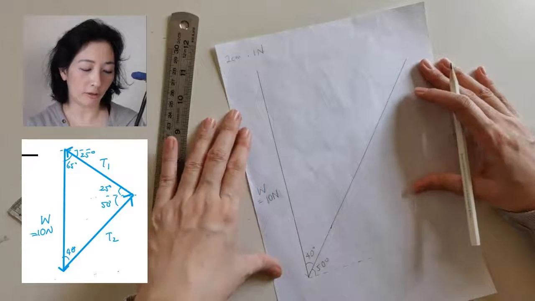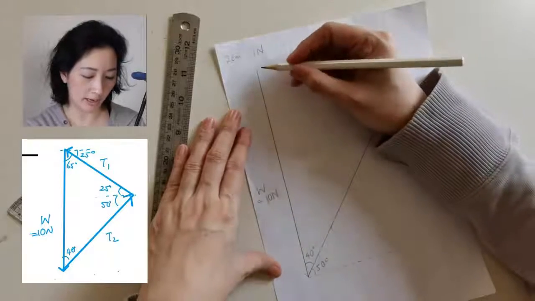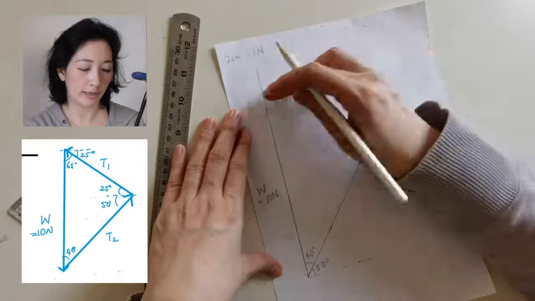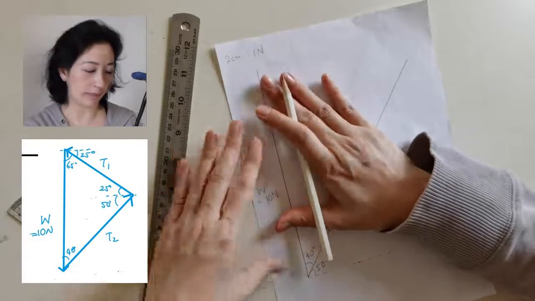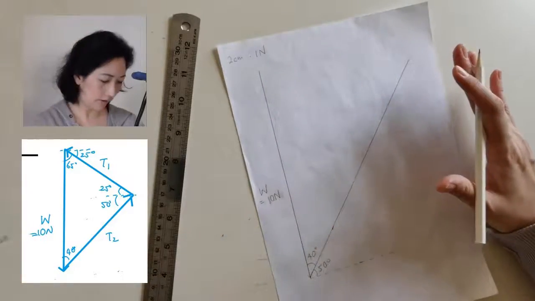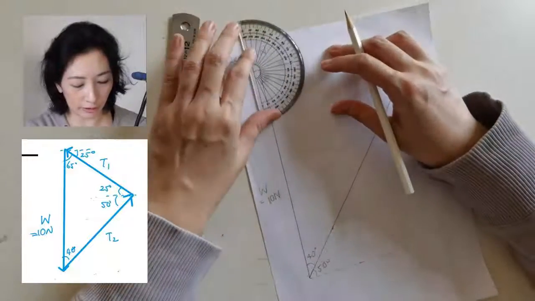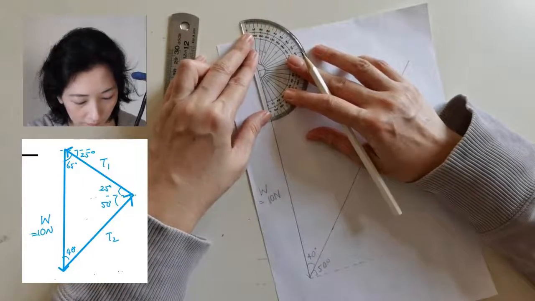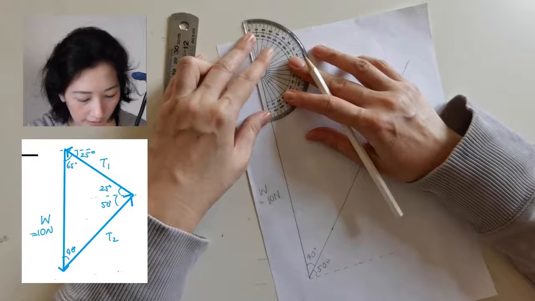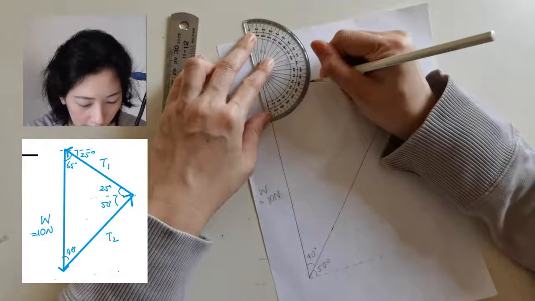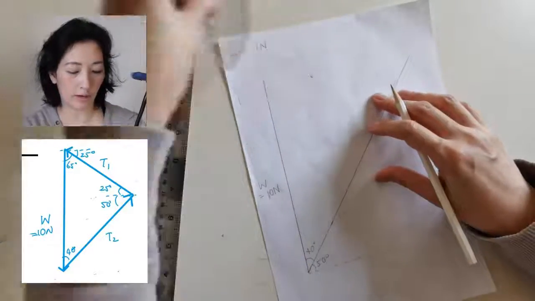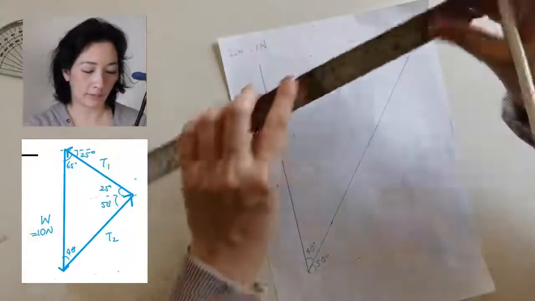What you do is you draw T1 because you know T1 ends at this point and it's acting at an angle of 65 degrees from the vertical. So using a protractor, we measure out 65 degrees, and I'm going to make the horizontal marking here just for a more complete diagram.